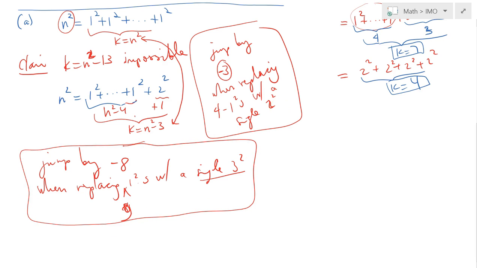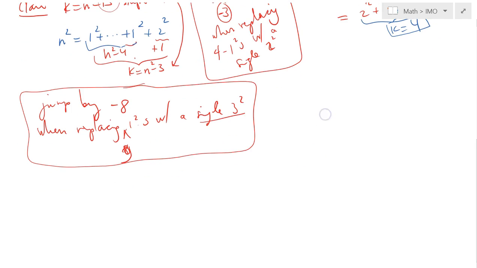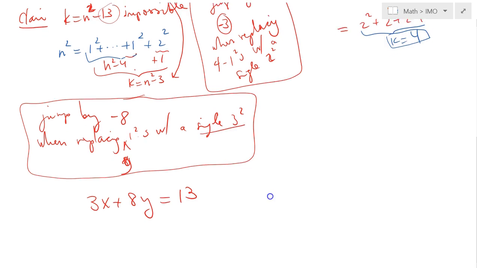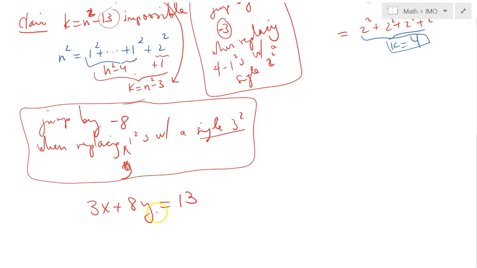So therefore the problem is reduced to the following. By using 3 and 8, can I find the combination where I can get a 13? So is it possible to solve this linear equation 3x plus 8y equal to 13? And the answer is no, at least not in the positive integers, where x and y are positive integers.